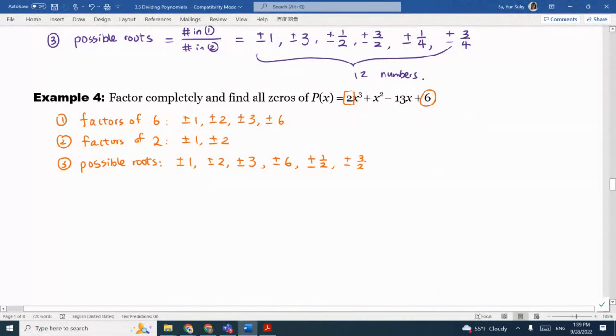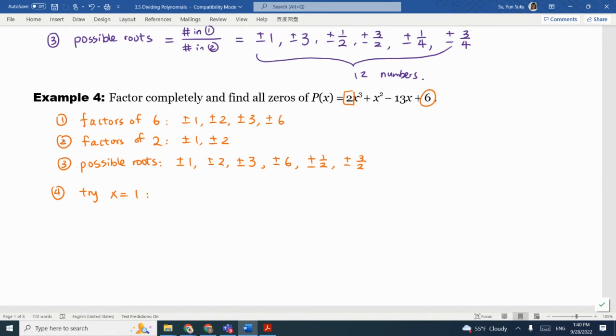After we find the possible roots, we need to use the rational zero theorem to find a root. Remember, a number is a root if we put it into the polynomial and we should get 0. Exactly. So step 4: try those numbers. Try x equals 1.